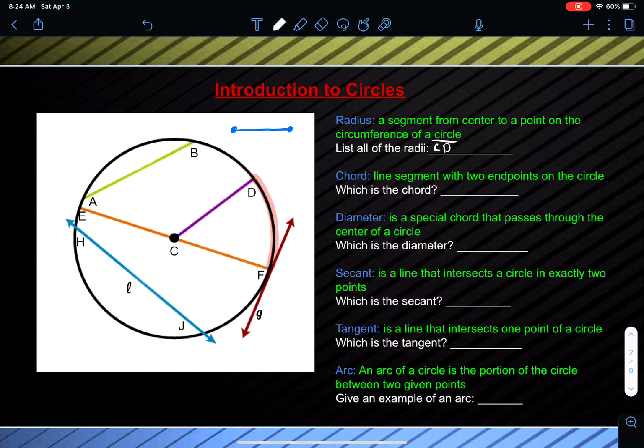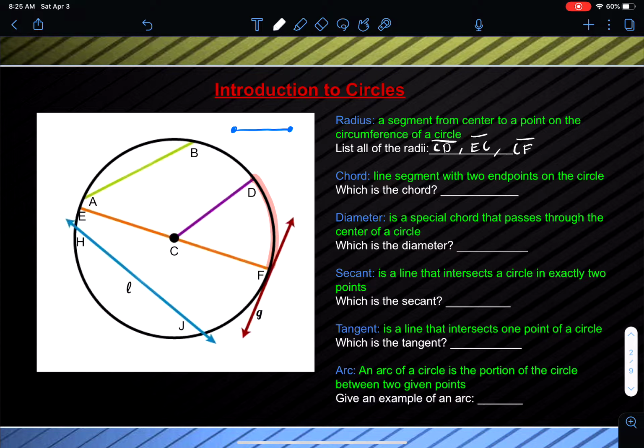Okay, now what else? Well, let's just start from the center again, and then there's one over here. Okay, that is also an example of a radius, so this is going to be line segment EC. And then lastly, from the center, there's a line, so we say line segment CF. Okay, so those are all the radii.